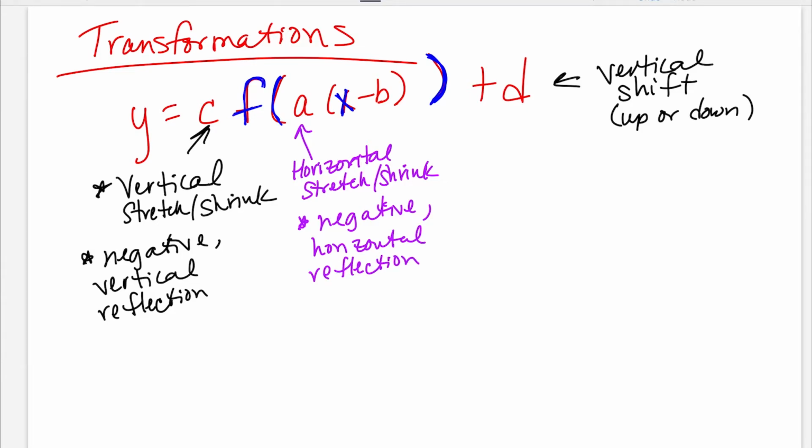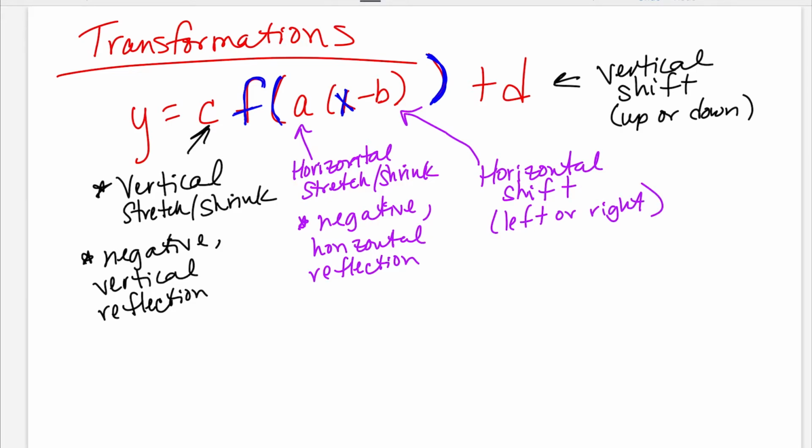Anytime I'm multiplying with the stretching and shrinking, when it's negative, that's what makes my reflection. Now this B here, this one is subtracted, but it's that same kind of thing, right? If I am adding or subtracting, that makes a shift. So this is going to be my horizontal shift, which is that movement. Pick the whole thing up and move it. That's what a shift is, going left or right, because it's horizontal, right? The vertical shifting goes up and down. Horizontal shifting is left or right.